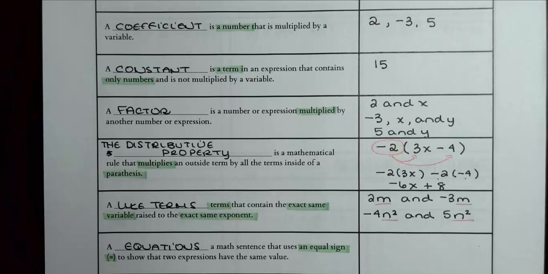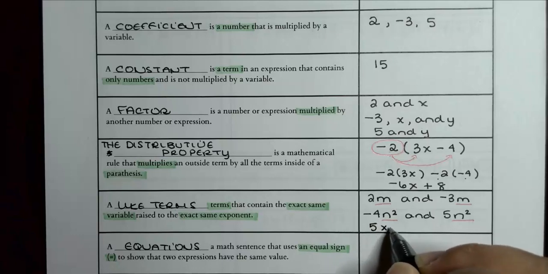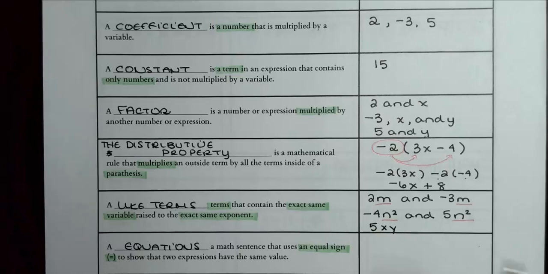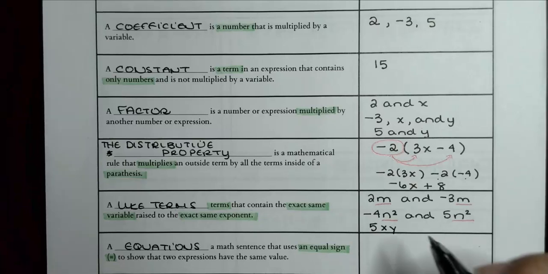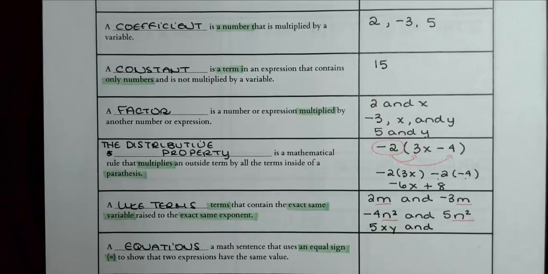All right, the last example we're going to do is, what if I have a number like 5 that has an x and a y? Well, because the 5 has both an x and a y, if I wanted to identify a like term to add or subtract to the 5, I would have to find something else that also has an x and a y.